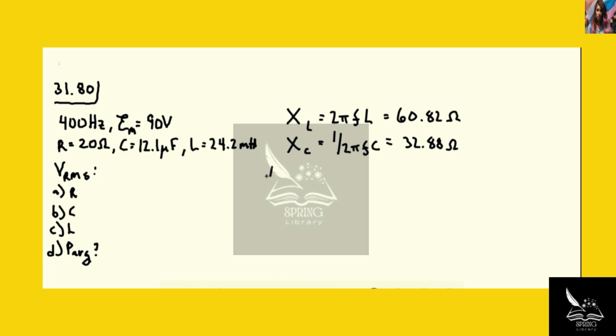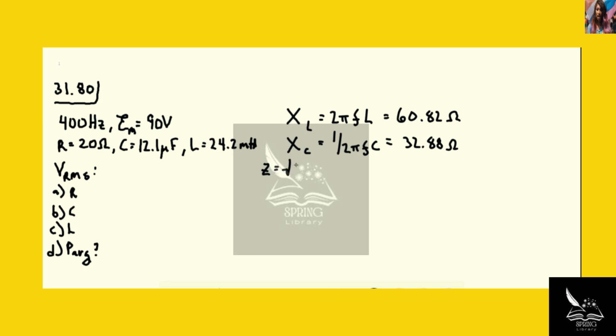And so now the current amplitude is going to be the EMF amplitude divided by the net impedance, which actually we should write down first.